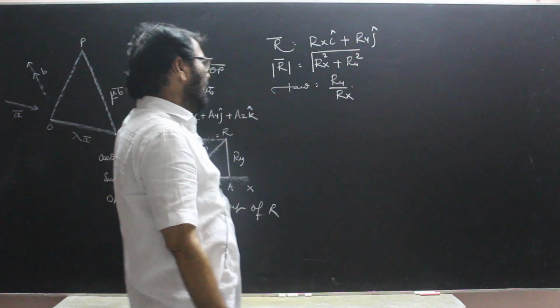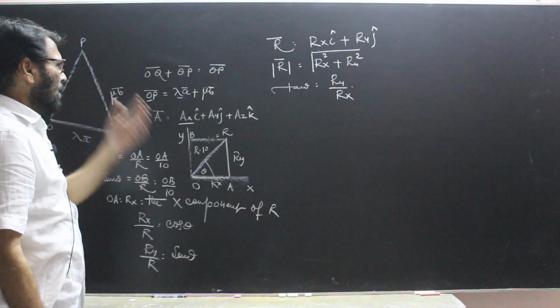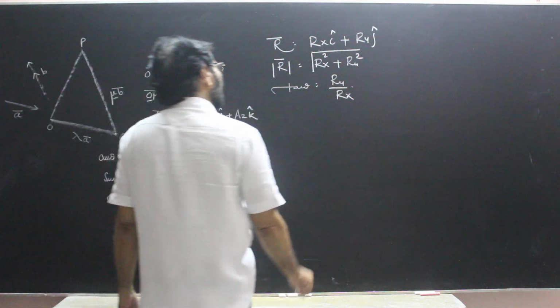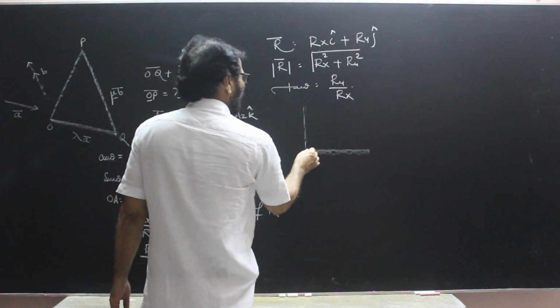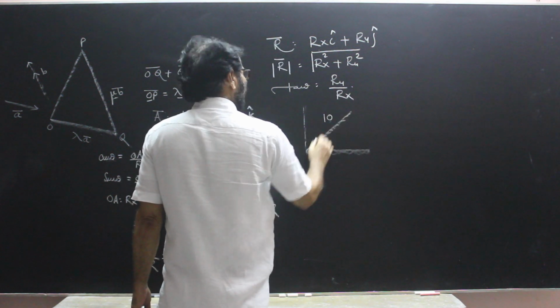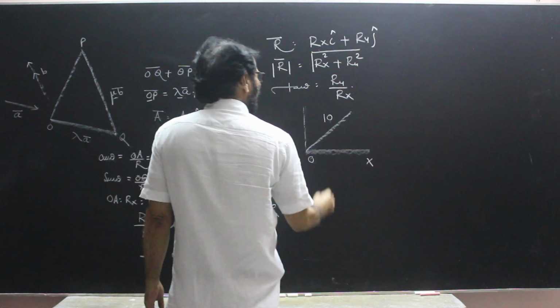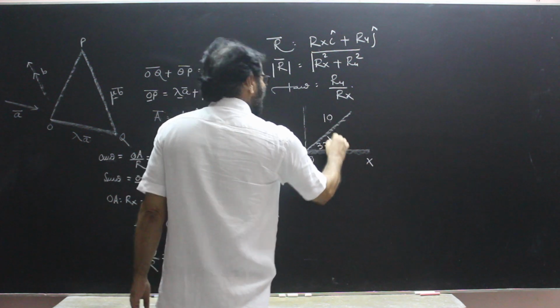Now we can resolve any vector in the x and y direction. For example, this is vector R. It is of magnitude 10 unit and it makes an angle of 37 degree.